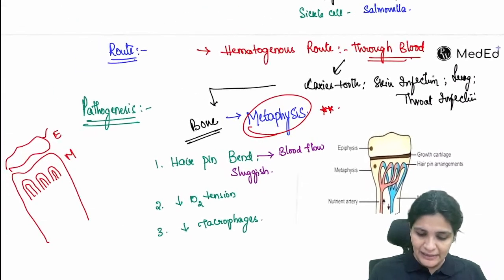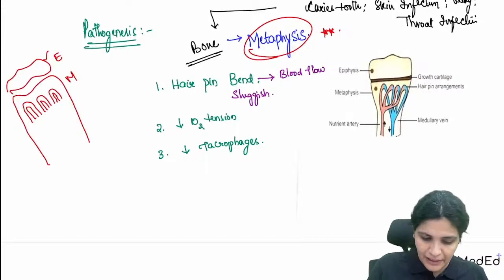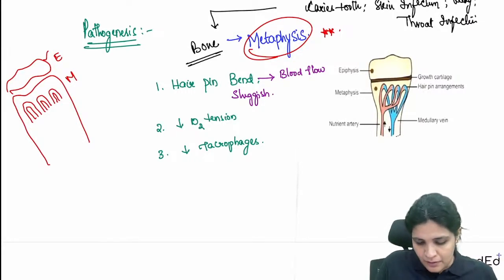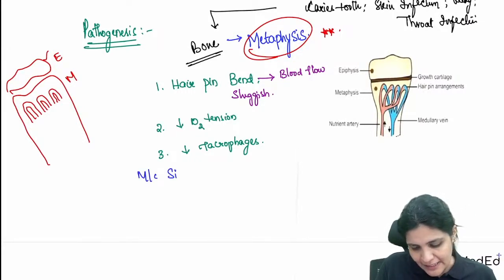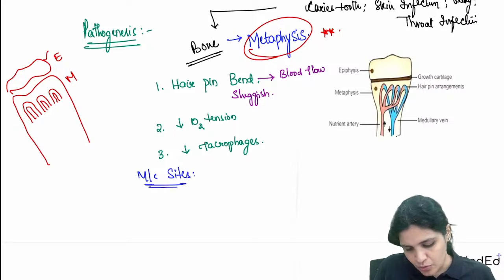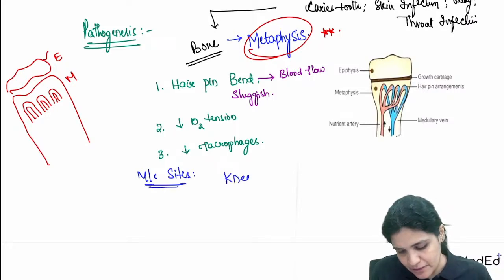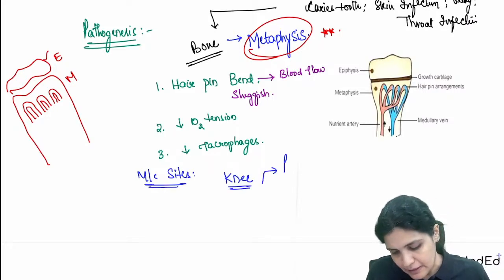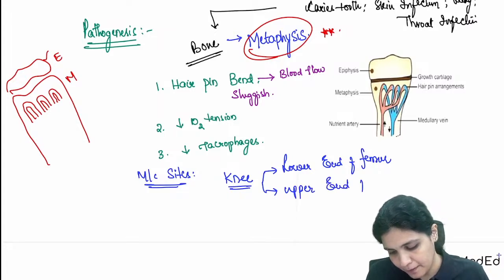And then you have to remember what is the most common area, most common sites. So usually it is around the knee joint, lower end of femur and upper end of tibia.